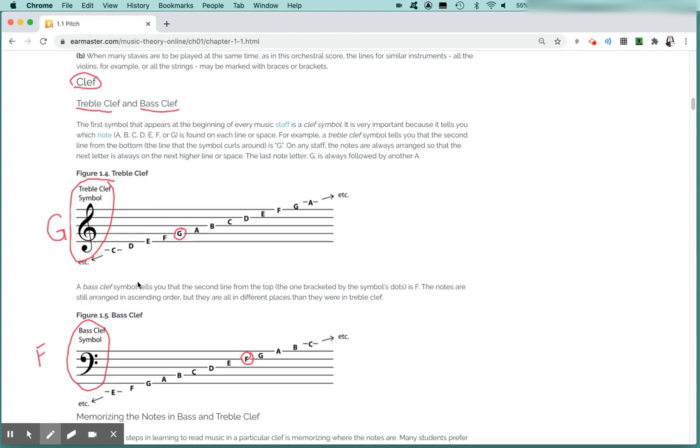That's as far as I can go. So G, A, B, C, D, E, F, G, A. Go down, it's G, F, E, D, C. And continues on down and continues on up.